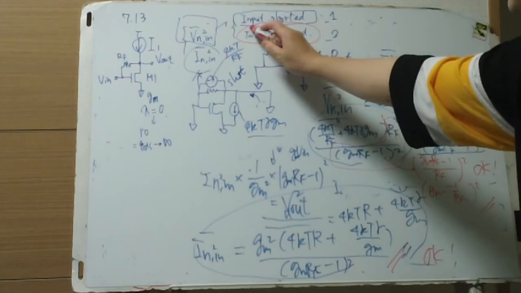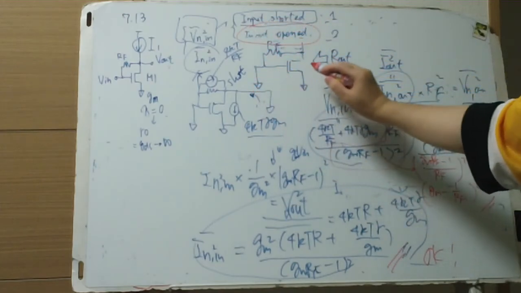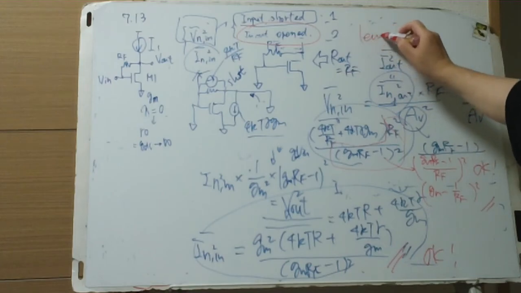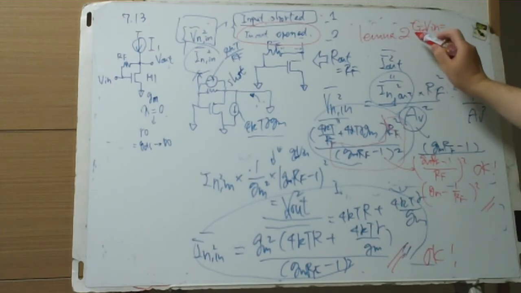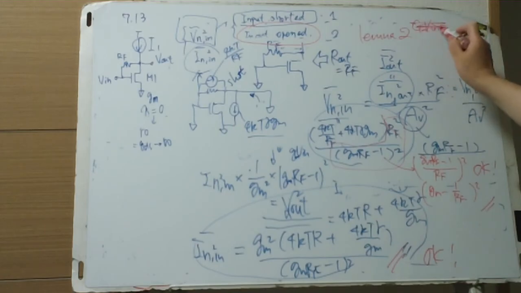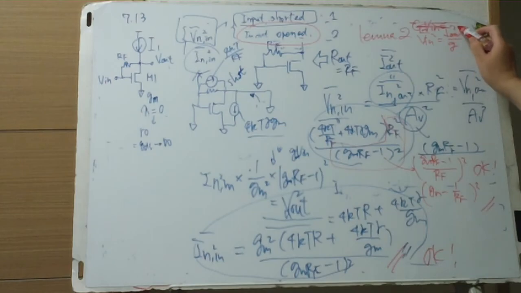With the input-opened model we use the lemma: V in squared equals I out squared, I n out squared, divided by GM squared.